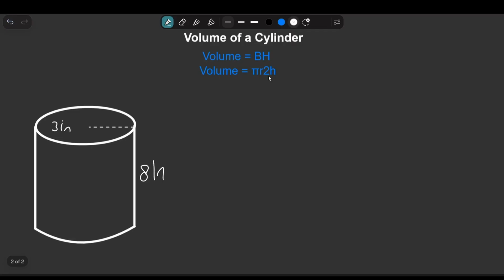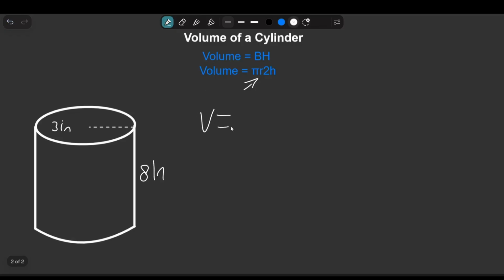So the area of the base, that B, is expanded out to the formula we're going to use. They just look a little different, but they are exactly the same thing. But we are just going to use this one.